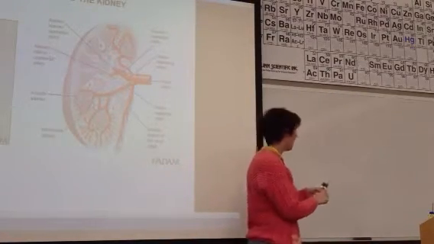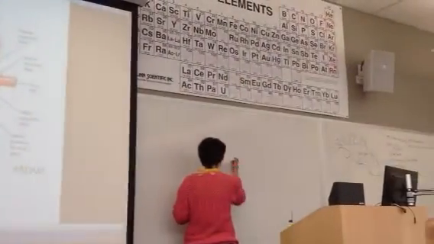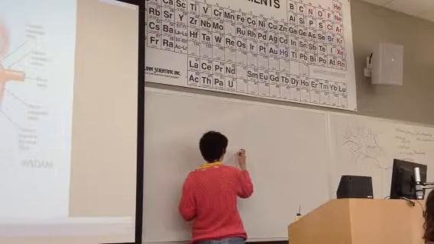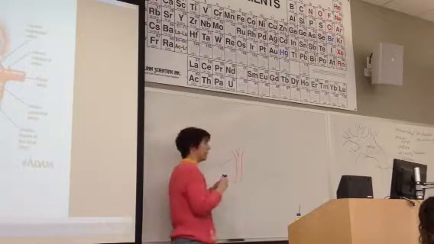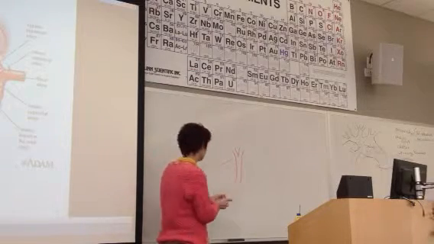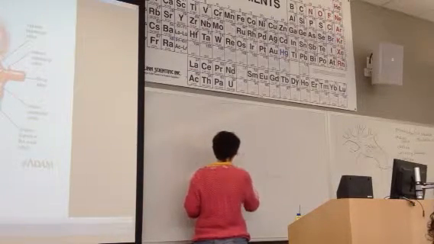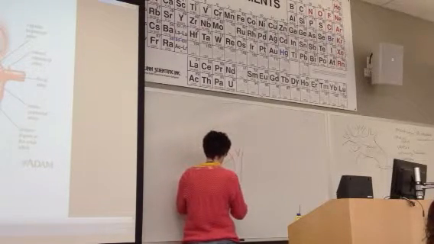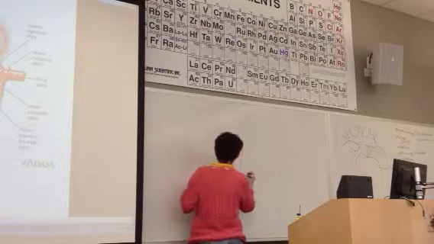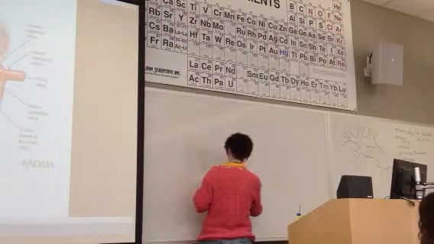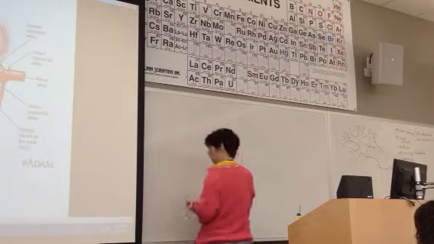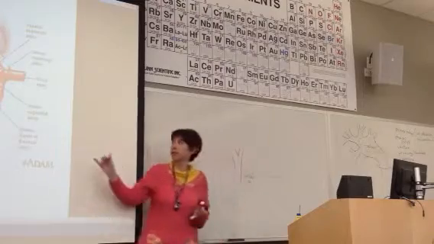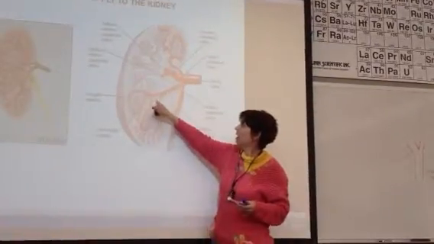All right, so coming into and through the hilus here, we have the renal artery. And it may break down into several branches before it actually passes into the kidney. Let me make this a little bit fatter for realism. So renal artery. And then running between each pyramid, as you can see here, are interlobar arteries.